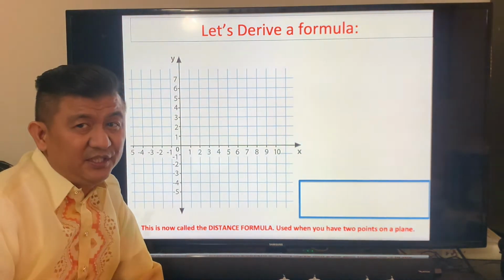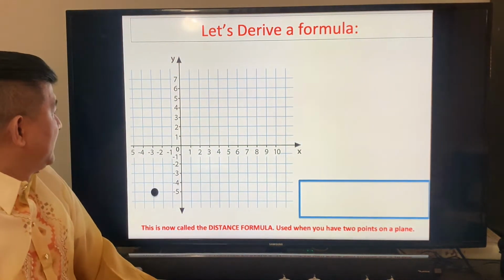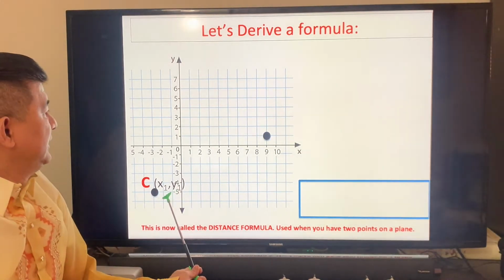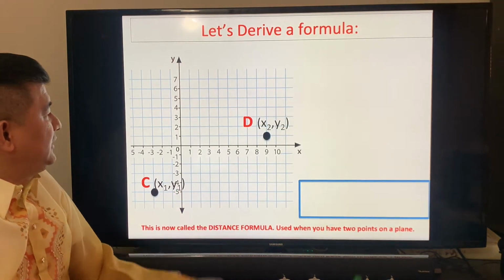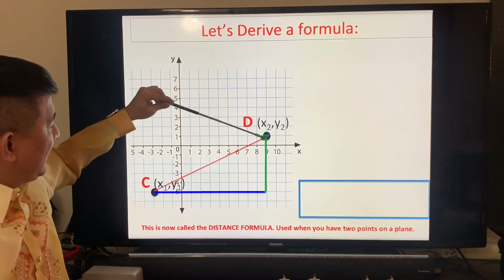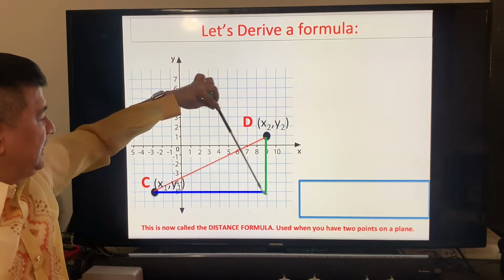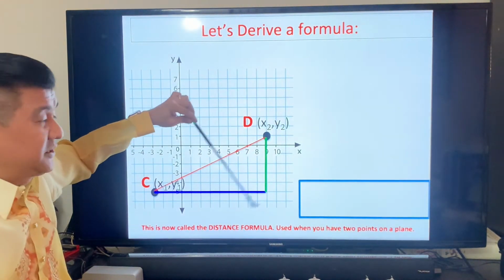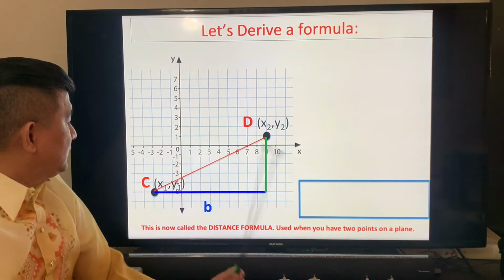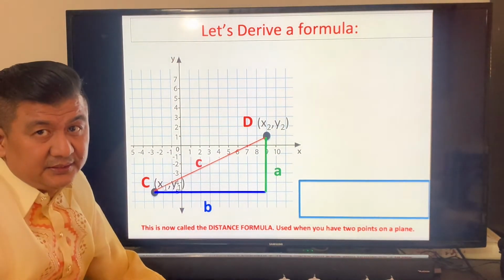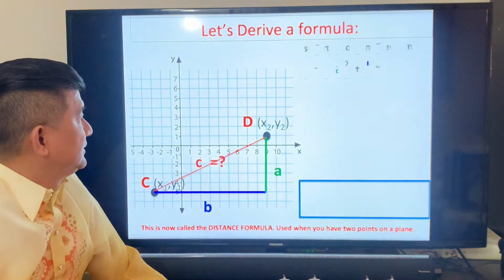Using those examples, let's derive a formula. A while ago we said if C is (x1, y1), and D is (x2, y2), we want to solve this distance. We have the vertical distance and the horizontal distance, which serve as the legs of the right triangle. So you're the B and you're the A. And the distance is the hypotenuse.